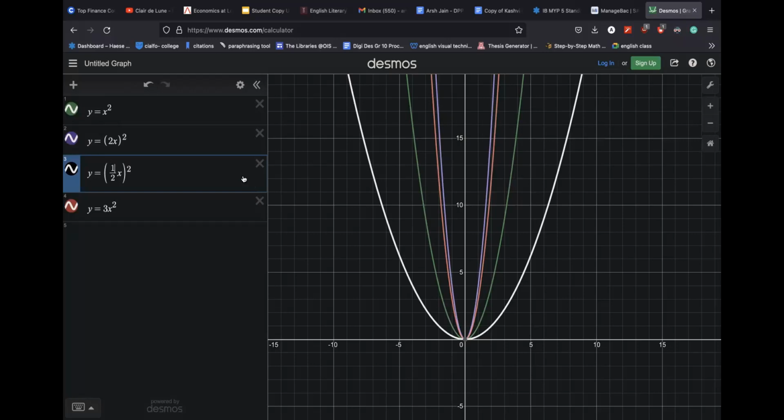So that's why, if the bracket is outside 2x, everything is getting squared. Oh, yeah, 2 squared became 4, then 1 upon 2 squared should become 1 upon 4. So then it's a scale factor of 0.25 x squared. Yeah. Okay? Clear?